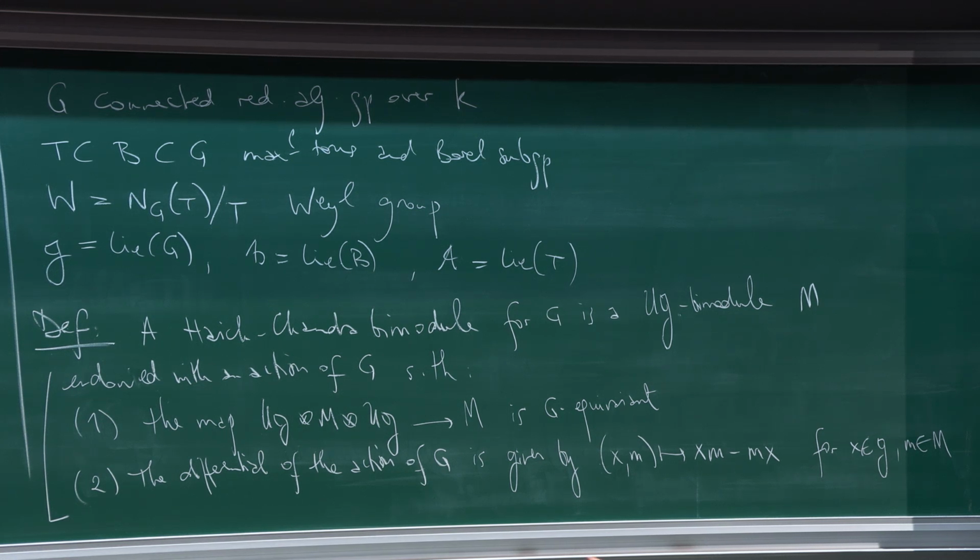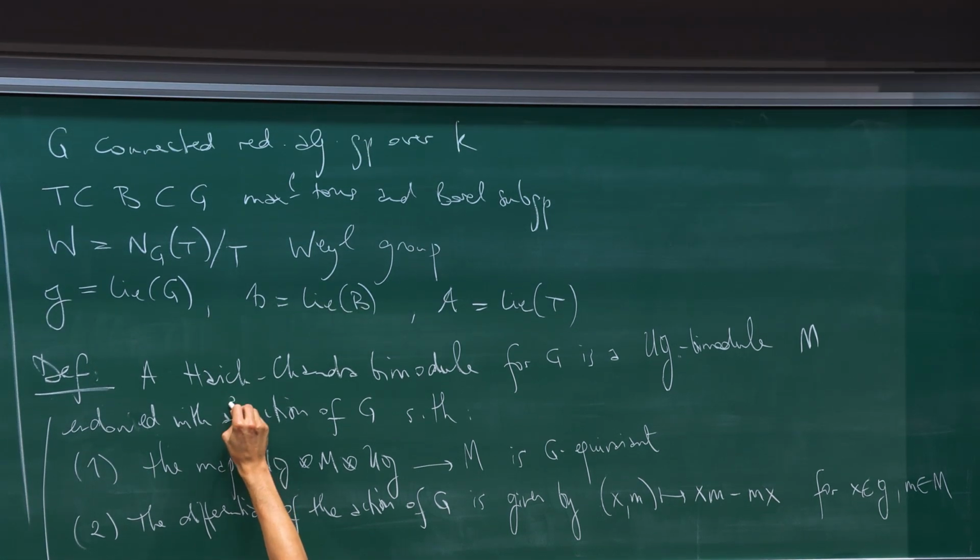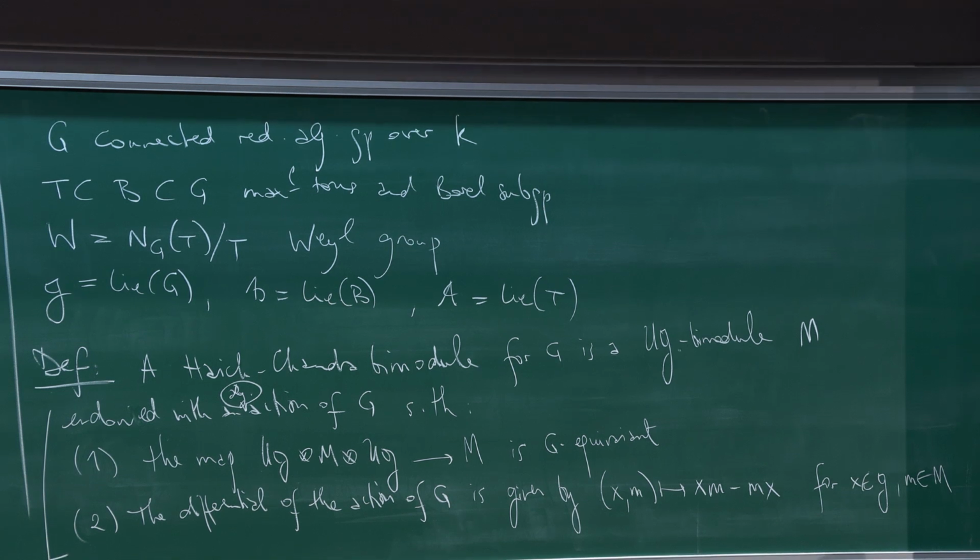You need to specify this lift of the action of the Lie algebra. It's an action of the algebraic group, right? Yes. Not of the K-points of G, you mean? No, I really mean... everything is algebraic. When I say an action, it's an action in the sense of algebraic groups.